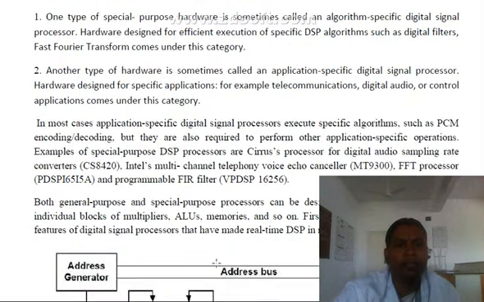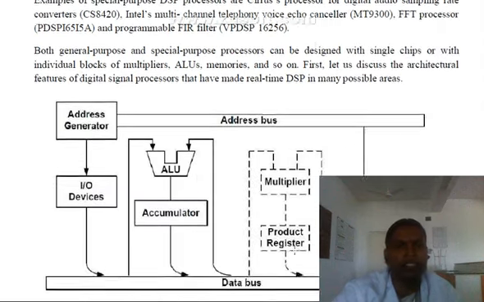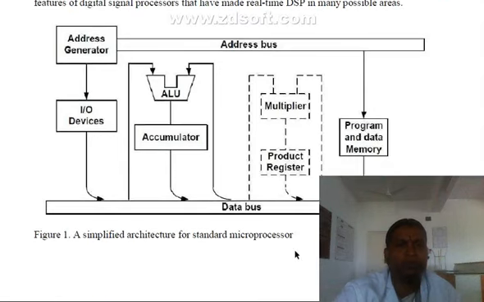In general, a special purpose processor can be designed as a single chip with individual blocks of multiplier, ALU and so on. First we discuss the architectural features of digital signal processors that have made real-time DSP possible in many applications. Here is the general or standard architecture of the processor.